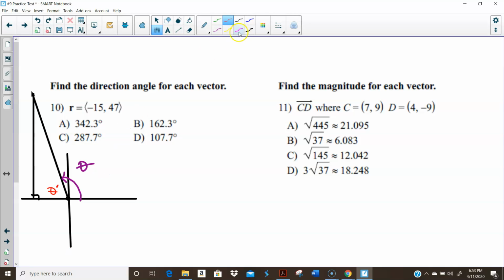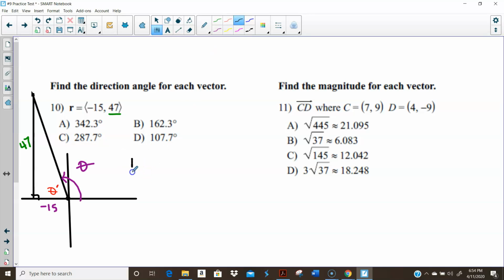So looking at the right triangle, the height of this vector is this vertical component of 47, and the length of that triangle is going to be negative 15. So you can see in order to find this angle, we're just going to use inverse tangent.